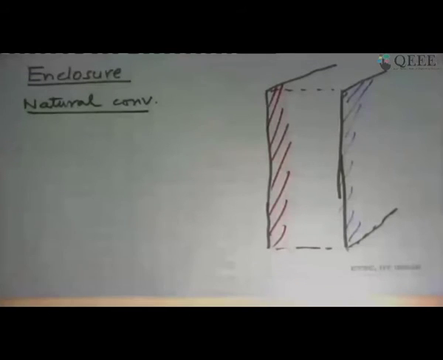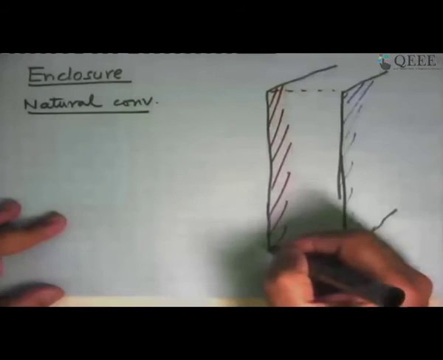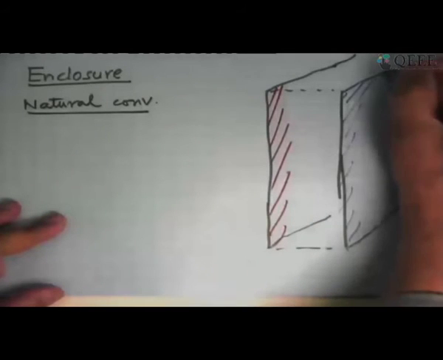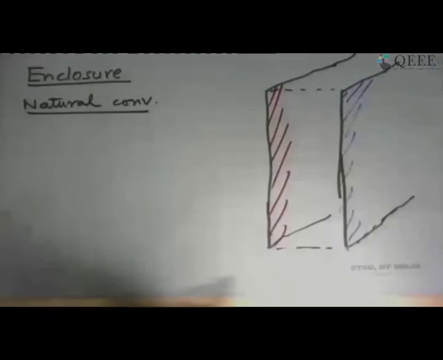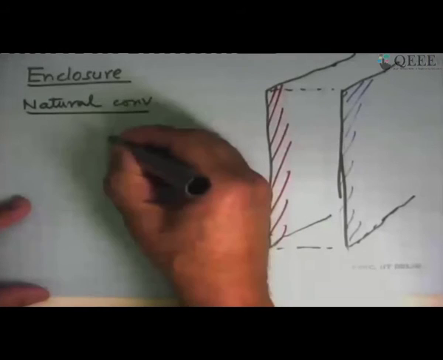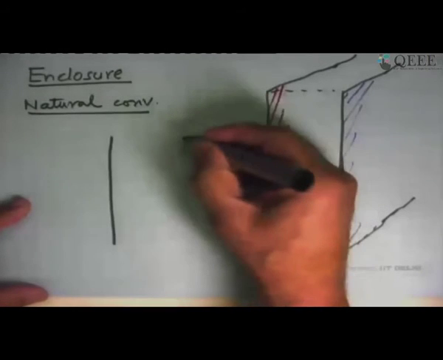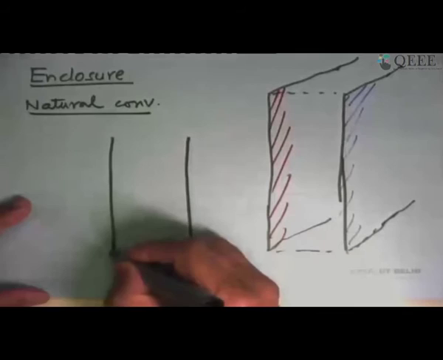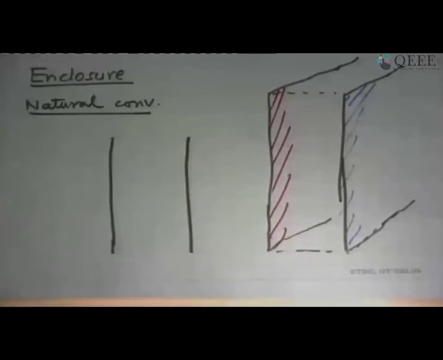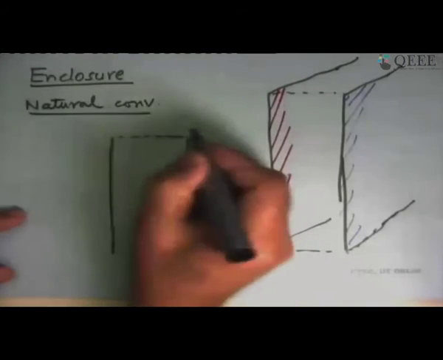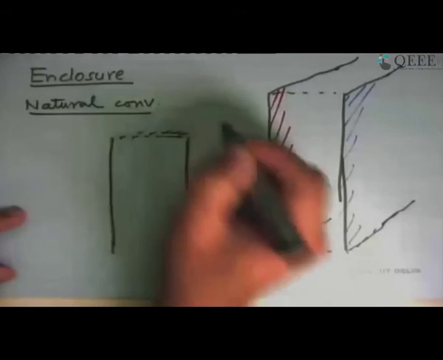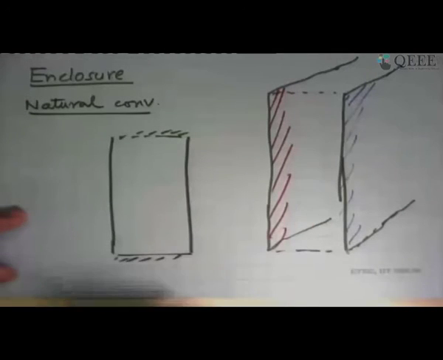The fluid is now completely enclosed between some surfaces, and the simplest case is two large parallel plates facing each other, and that's what I have drawn here: this is one plate and this is the second plate. If you look at the edge view, I have one plate there and one plate over there. And one can say that the upper part is adiabatic and insulated. This part is also adiabatic and insulated.